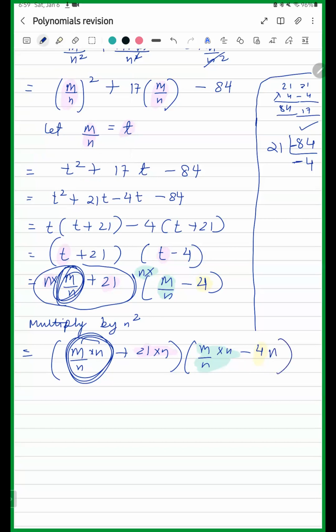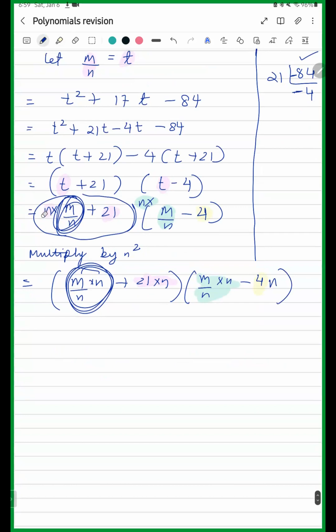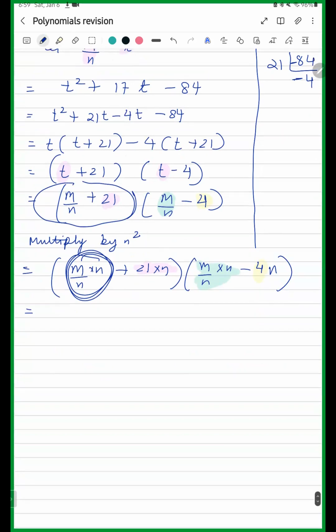Okay. That's why we have multiplied each bracket by n. If you're multiplying each bracket by n, that means you're multiplying n square because there are two brackets. So this gets cancelled, this gets cancelled. So this is m plus 21n into m minus 4n.